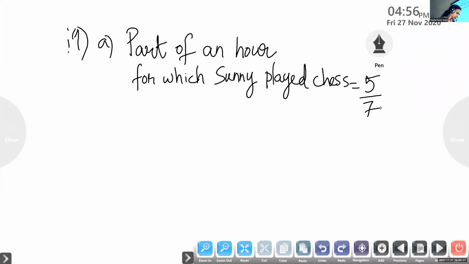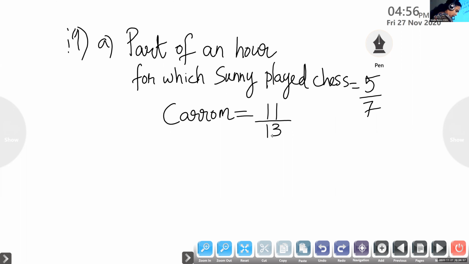Next one, carom. Again, you can write part of an hour for which Sunny played carom, or we can write carom. That is also enough, because we have to write A and we have to write B. Carom is 11/13.